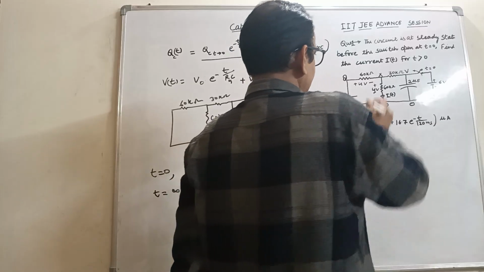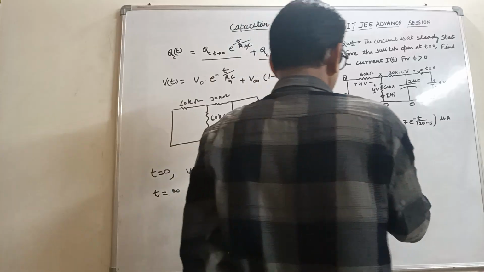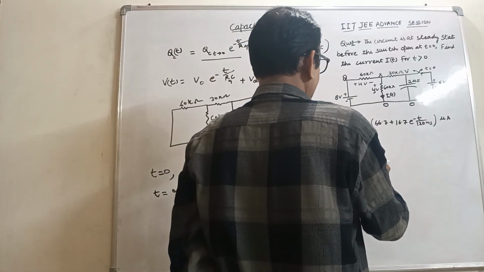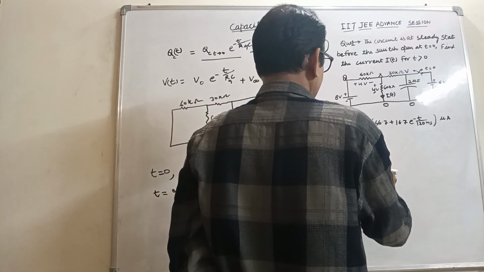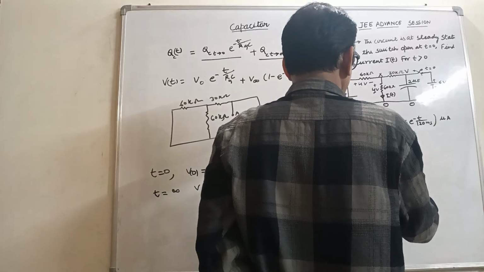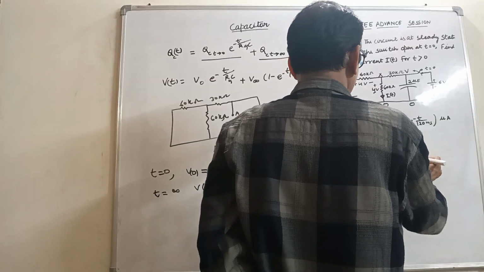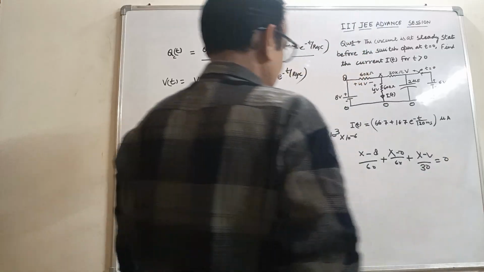We apply Kirchhoff's current law. We can write x minus 8 upon 60 plus x minus 0 upon 60 plus x minus V upon 30 is equal to 0.